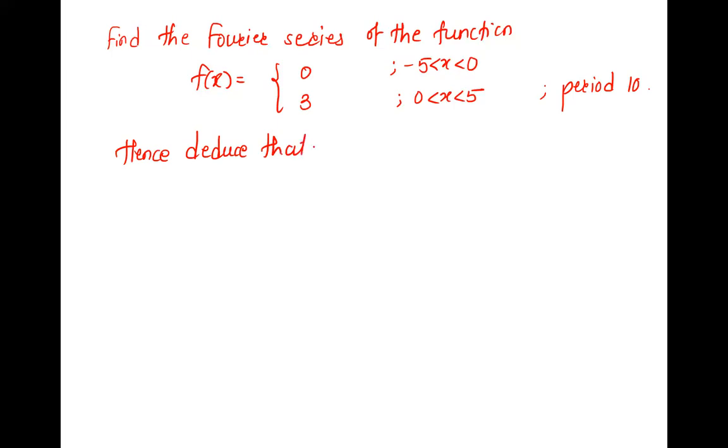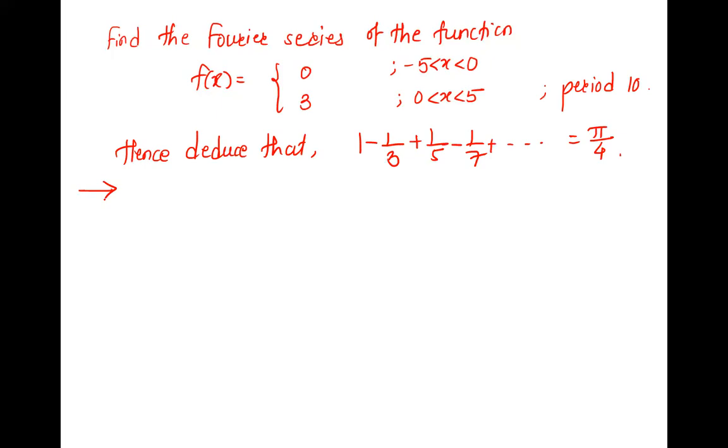Hence deduce that 1 minus 1 by 3 plus 1 by 5 minus 1 by 7 plus so on is equal to pi by 4. Okay, this is the question.